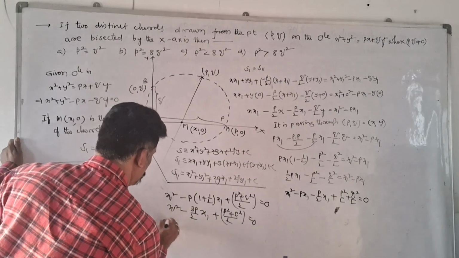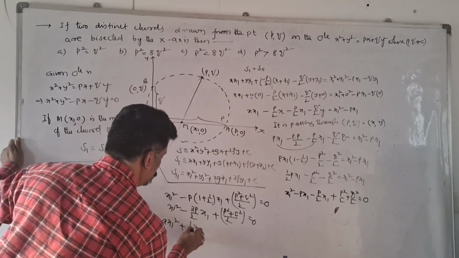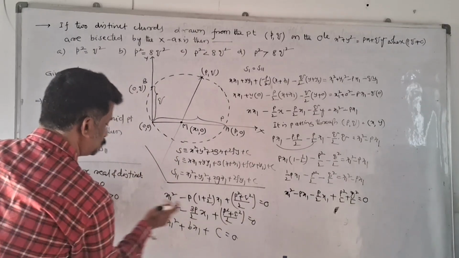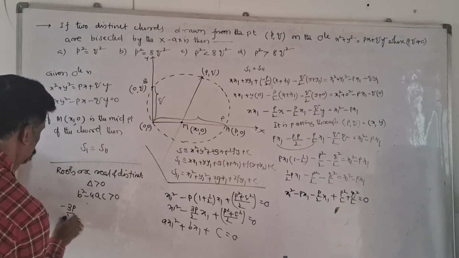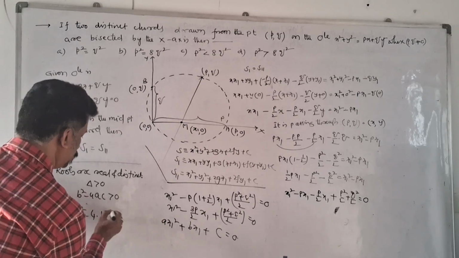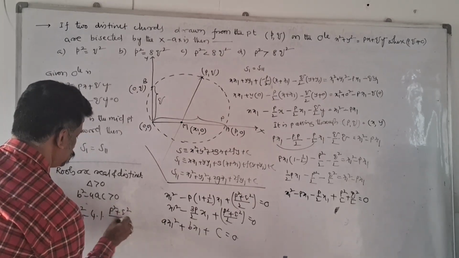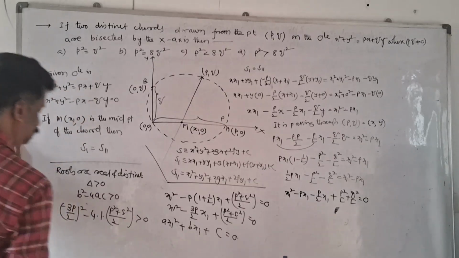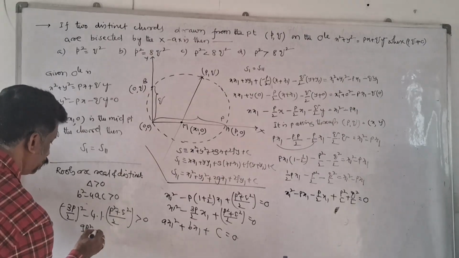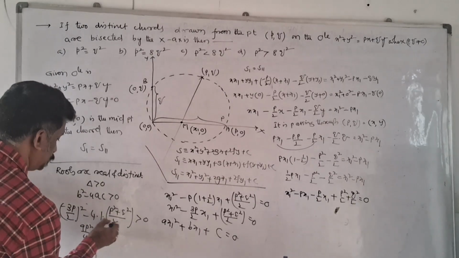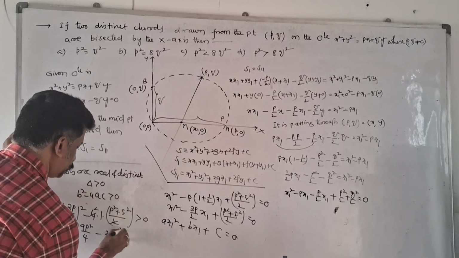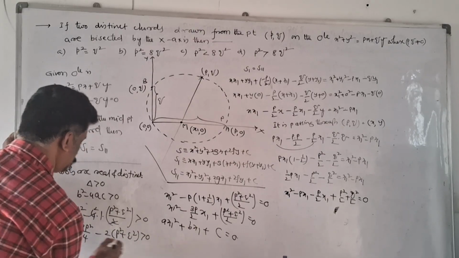So here a x1 square plus b x1 plus c is equal to 0. Now b is equal to minus 3p by 2, a is equal to 1, and c is equal to (p square plus q square) by 2. So (minus 3p by 2) whole square minus 4 into (p square plus q square) by 2 greater than 0. Now this one is 9p square by 4 minus 2 into (p square plus q square) greater than 0.